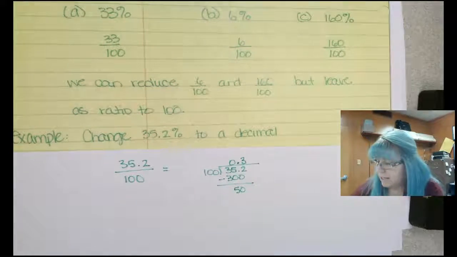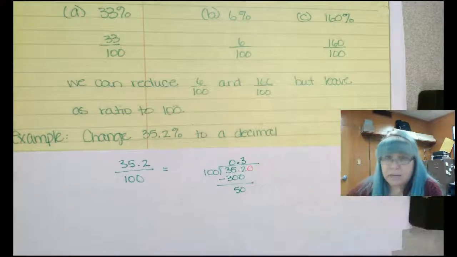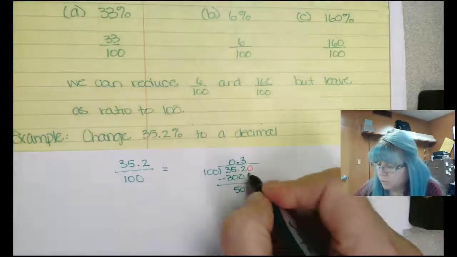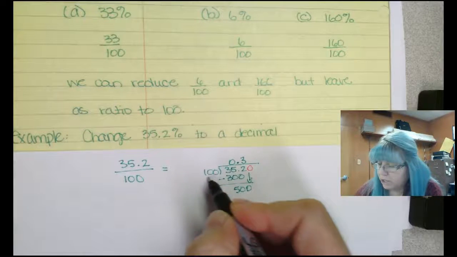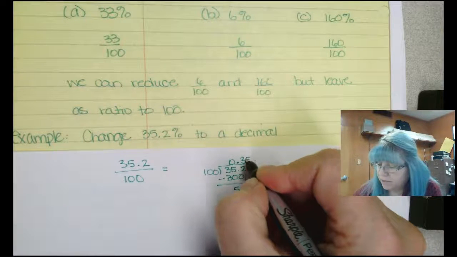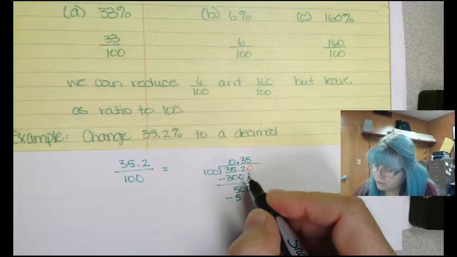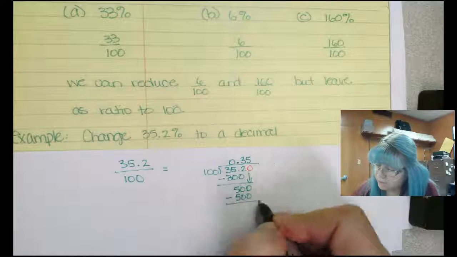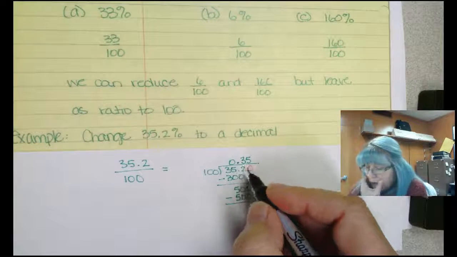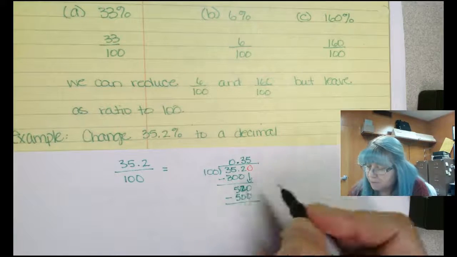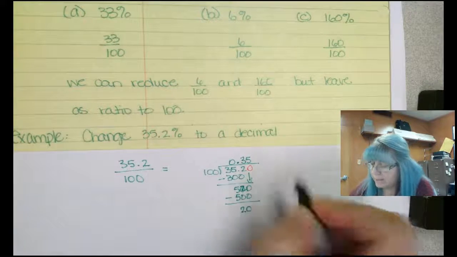52. Let's go ahead and add a trailing 0 for a placeholder and bring it down. 100 goes into 500 5 times. Okay. Oops. 52. Sorry about that. Leaving me with 20.